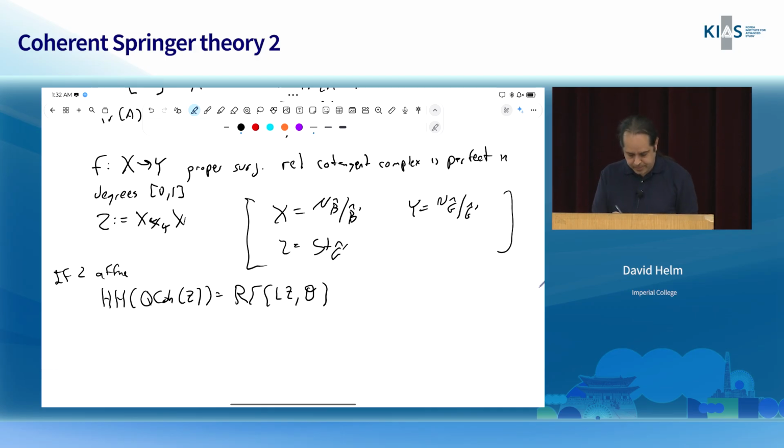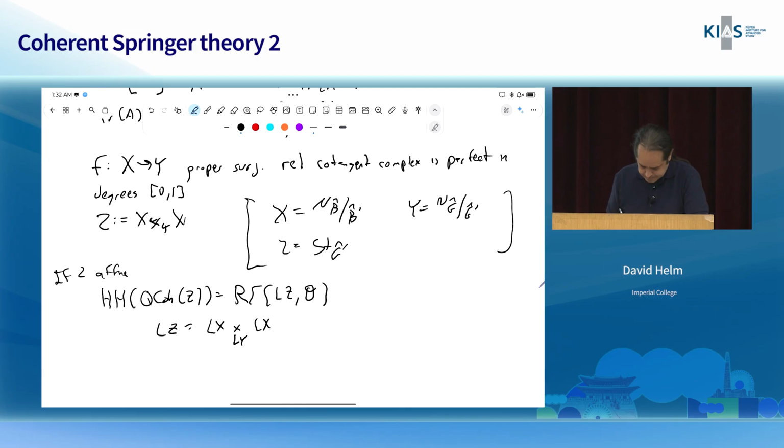And the point is that LZ here is LX crossed over LY LX. The loop space construction commutes in this way because you're basically just playing games with fiber products.